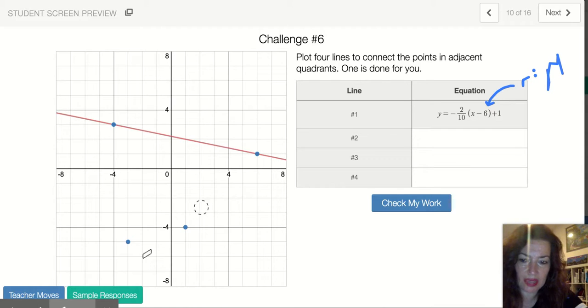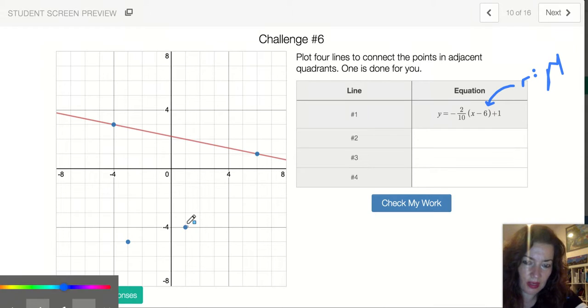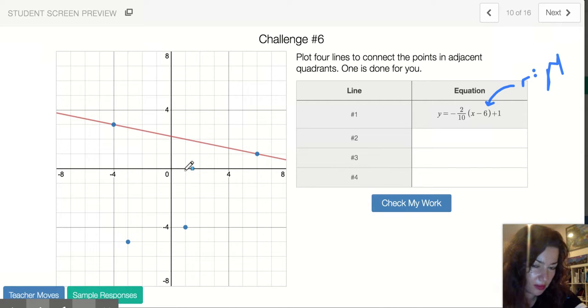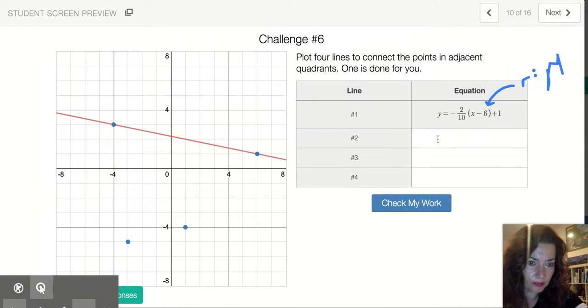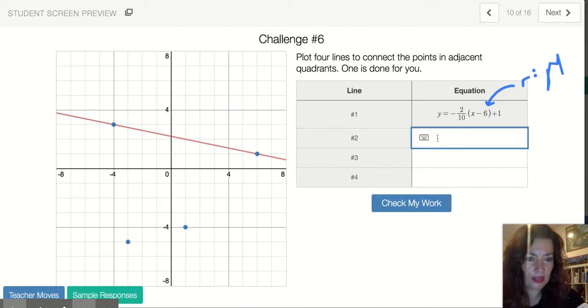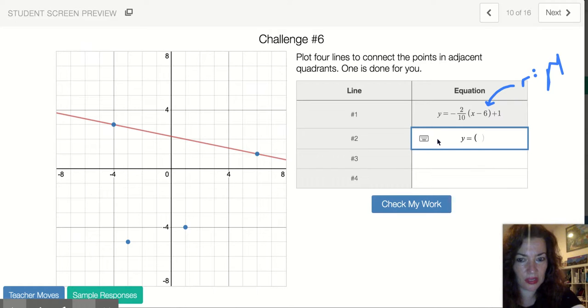Okay, so for example, let's try to do this one. This point right here shifted from 0, 1 right, and 4 down. So I'm going to try to write an equation where it shifts y equals, we'll worry about the slope later, but it shifts 1 to the right, so x - 1, and then it goes down 4.